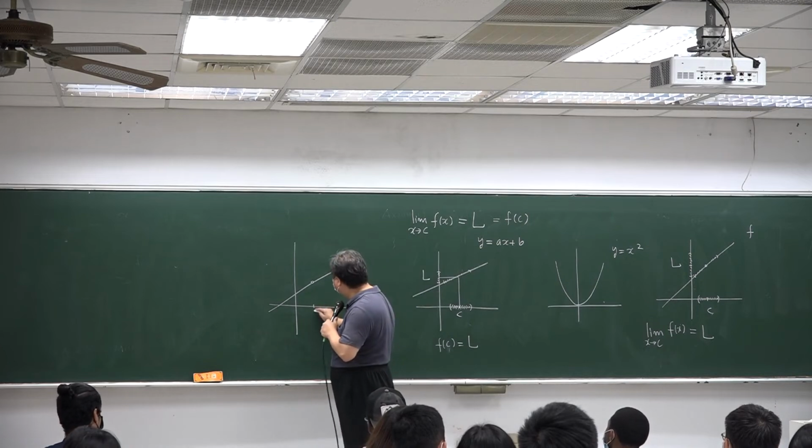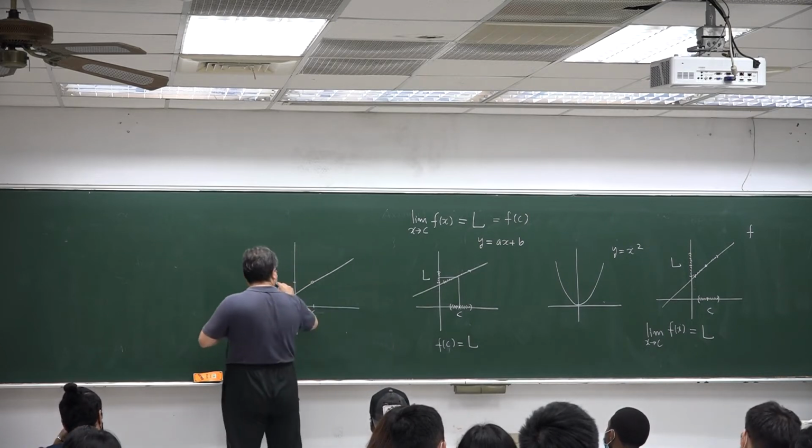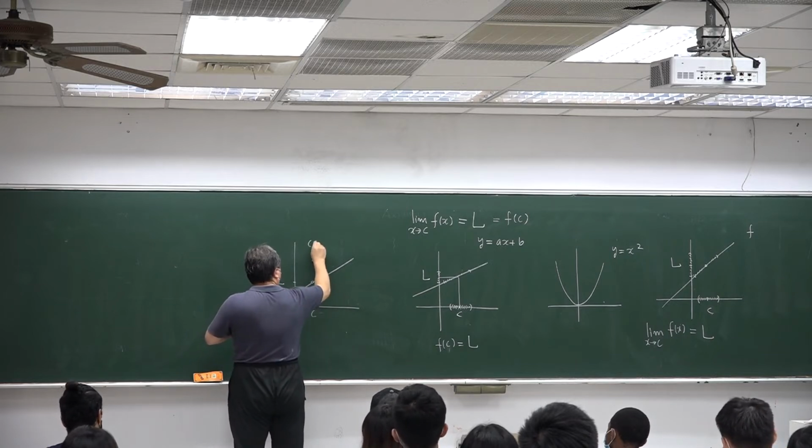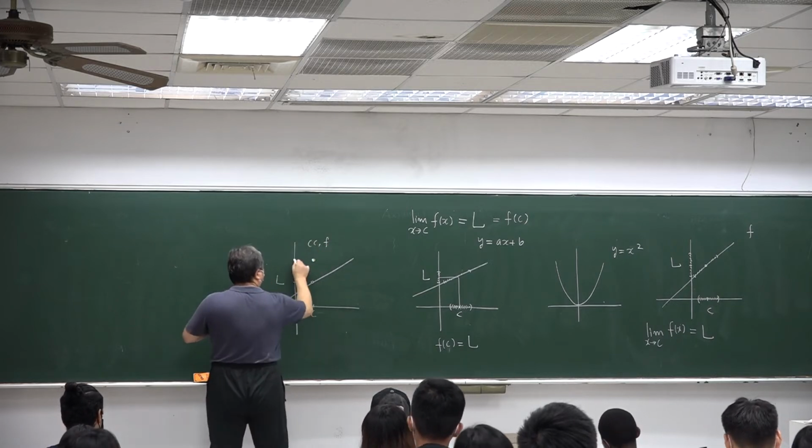Again, this is C. This is L. But we have a jump here. C, f of C. I mean, this is f of C.